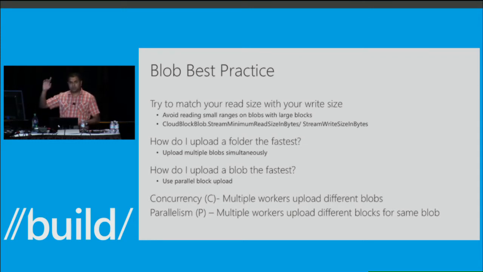Remember, one blob is a partition. Each blob name is a unique partition. From a parallelism perspective, it is multiple workers working on different blocks within the same blob. So it's uploading these different blocks in parallel for a single blob and then committing it at the end. So you have these two knobs, concurrency and parallelism.